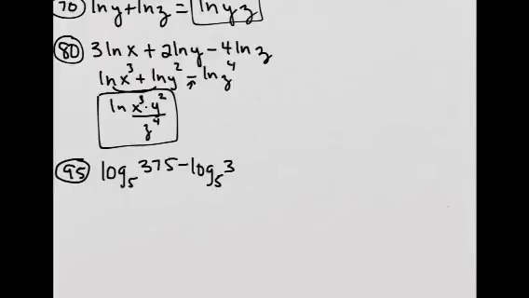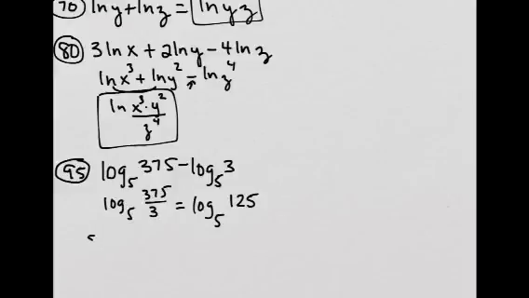Alright, with 95, they want you to find the exact value without using a calculator. So here I have the difference of two logs. And so this becomes the log of the quotient. So 375 over 3. And so when I simplify this, I get log base 5 of 125. Okay, so remember what this means.